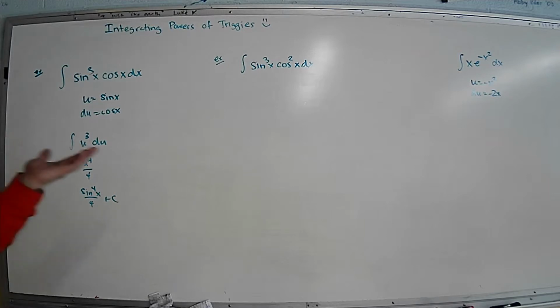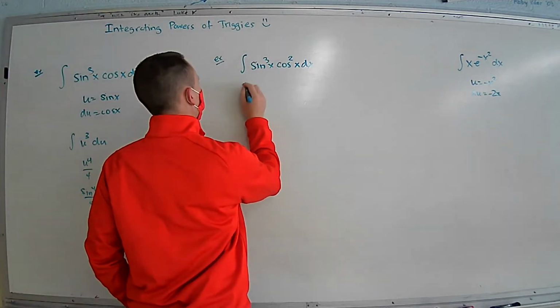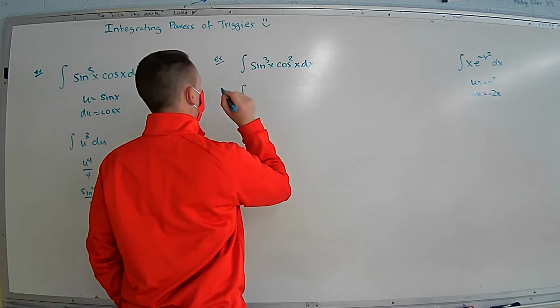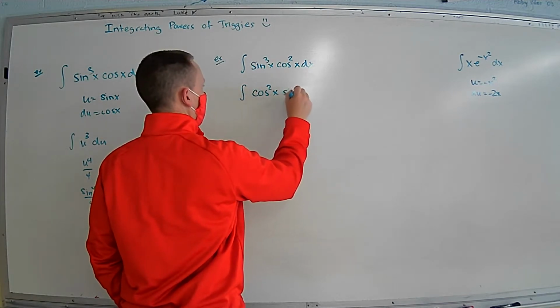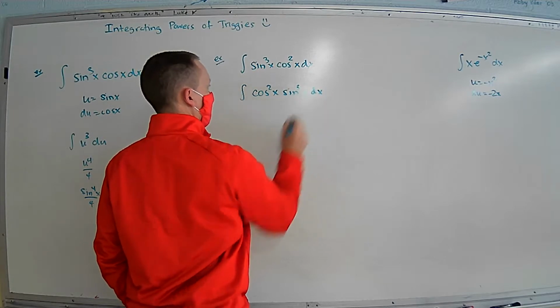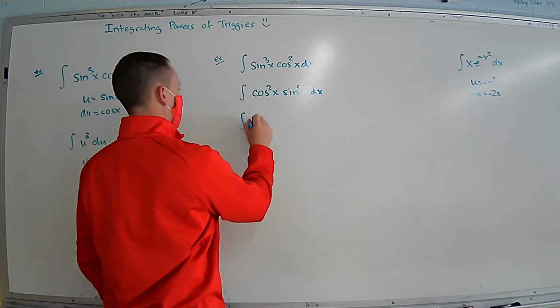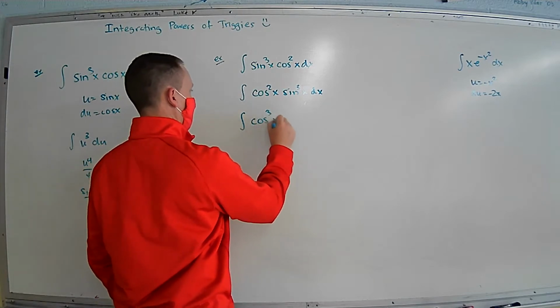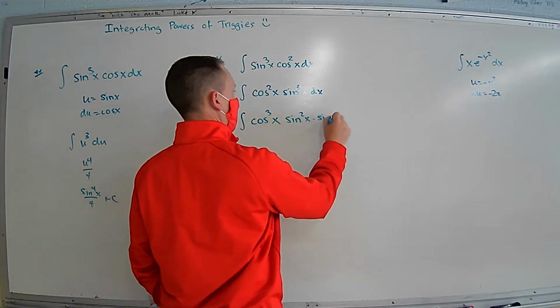So I'm going to do this. The first thing I'm going to do is write this as cosine squared times sine cubed. And then I'm going to write this as cosine squared times sine squared times sine.